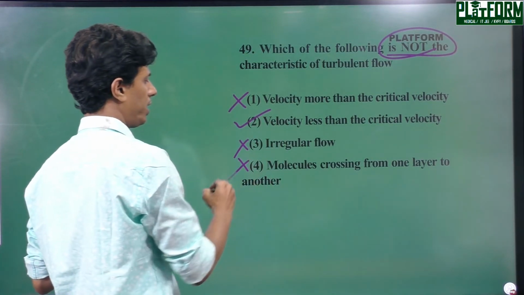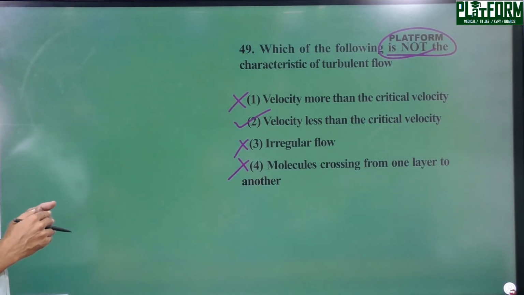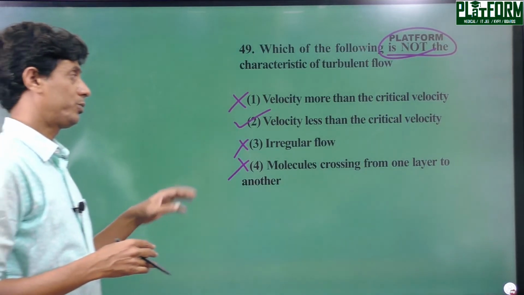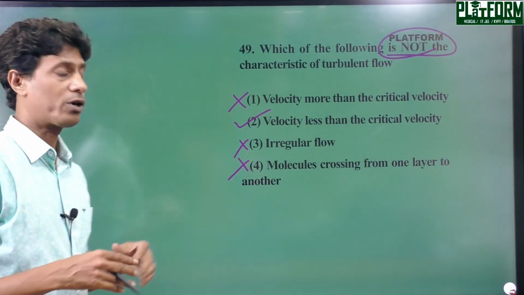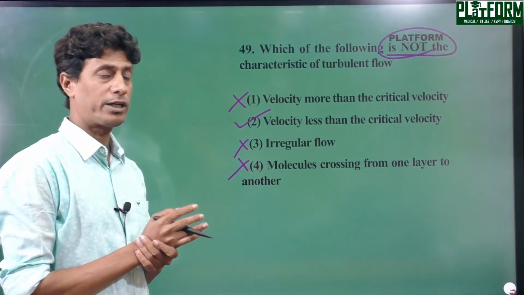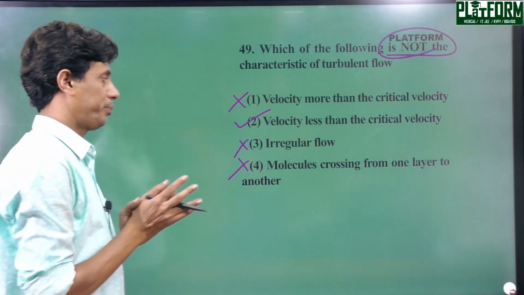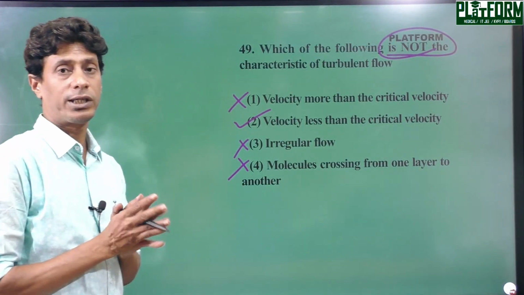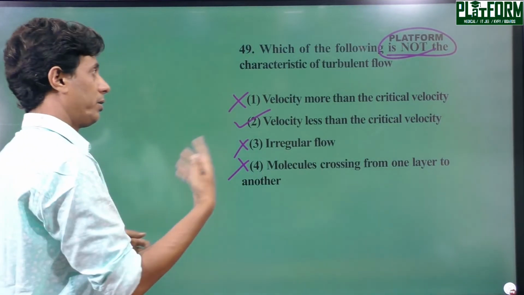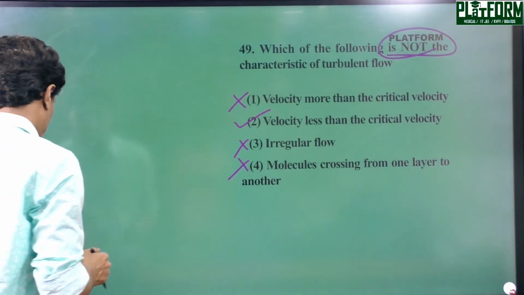Options 3 and 4, irregular flow and molecules crossing from one layer to another, are all correct statements about turbulent flow, but correct statements are not the right option here, because we have to find out what is not a characteristic of turbulent flow.